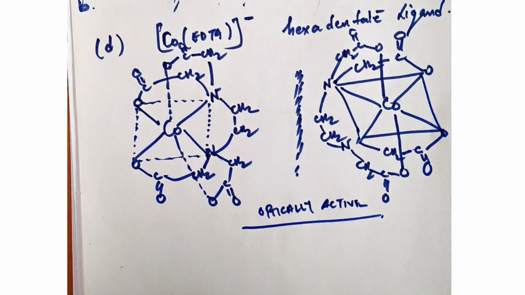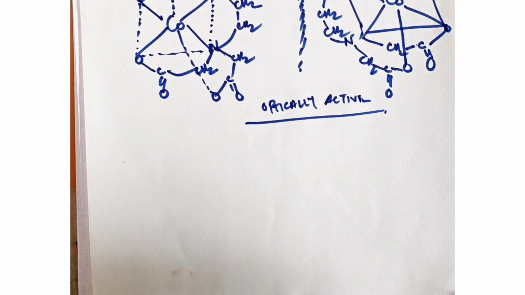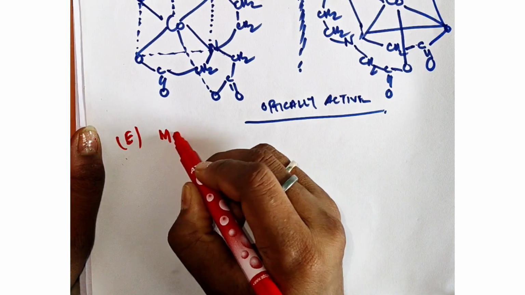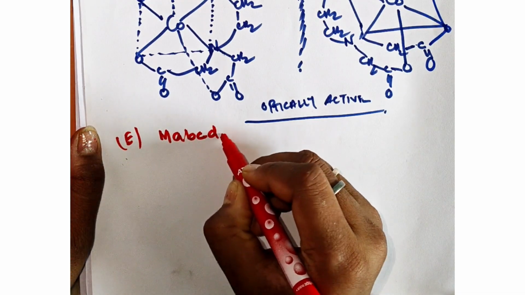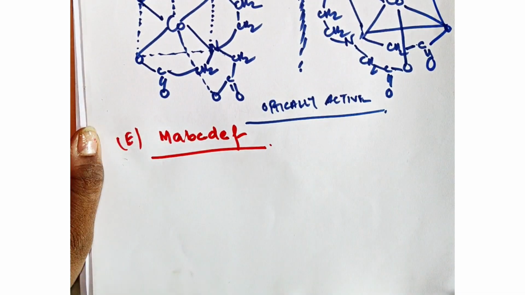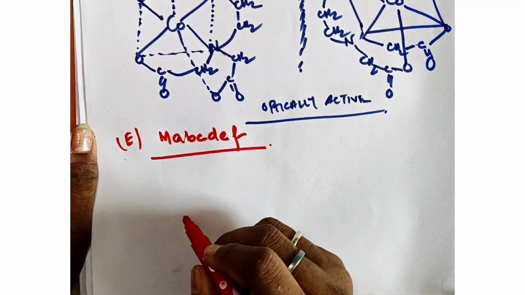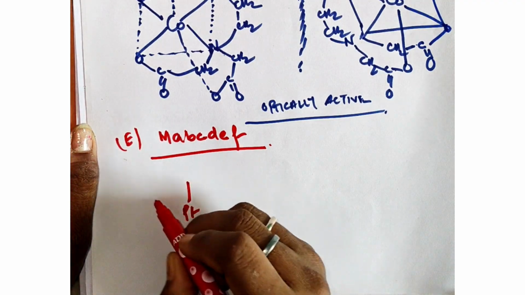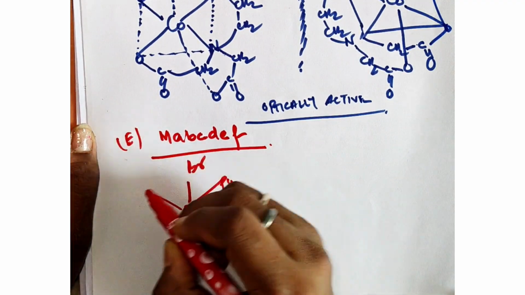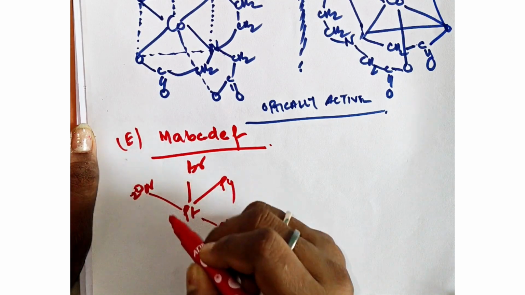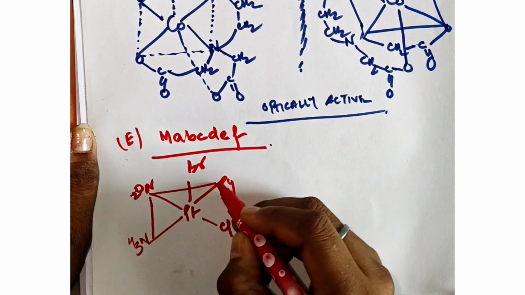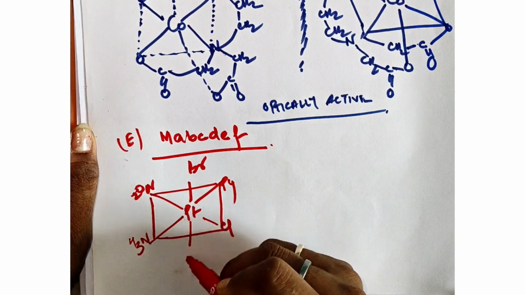And M(ABCDEF), where all the ligands are different. So we have examples like this: platinum, Br, O2, and I. See this?